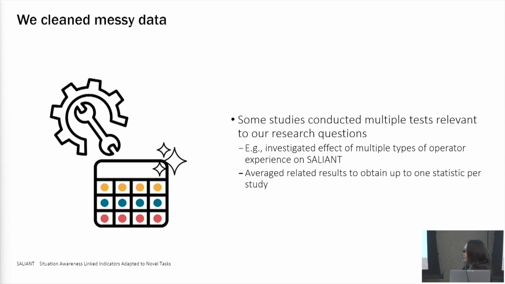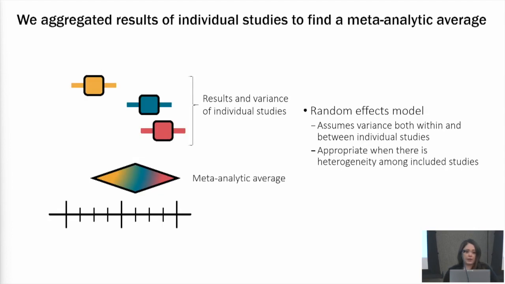Where we had relevant statistics, we aggregated them and quantified them so that we had one statistic per study that we then used to calculate a meta-analytic average, which we analyzed using a random effects model, assuming that there are sources of variance or error both within each study and between all of the studies in our sample.